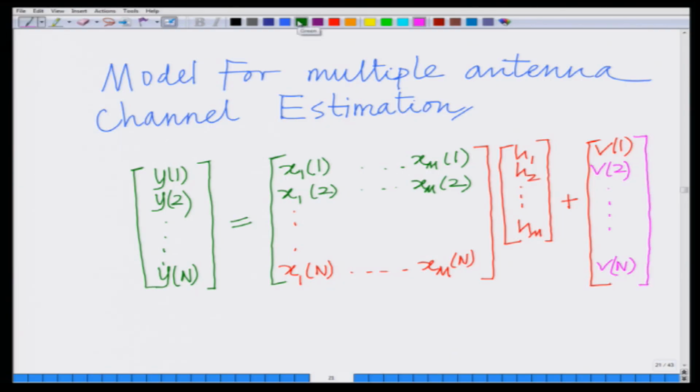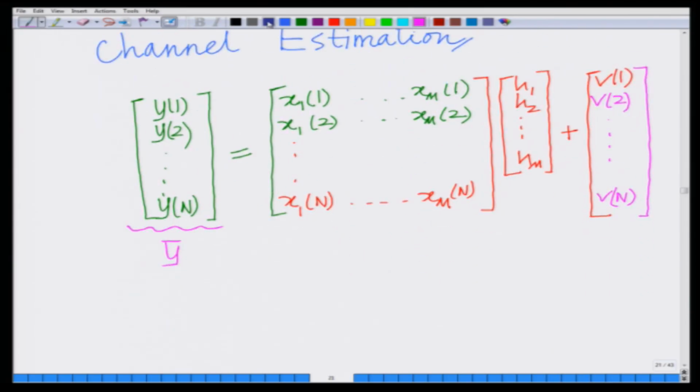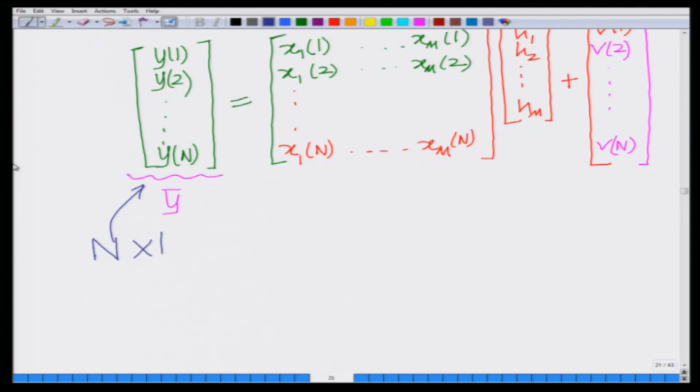So this is the system model for multiple antenna channel estimation, where y1, y2, yn, these are your y bar, this is the vector of n observations, this is the n cross 1 observation vector.